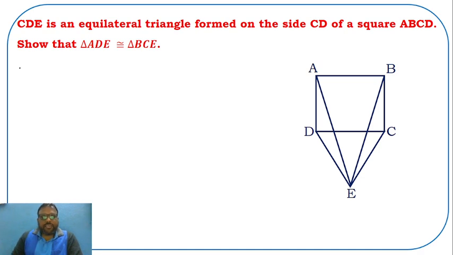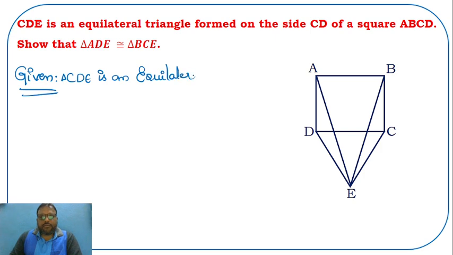So first let us start with the given condition. So given part. What can you write in this given? Triangle CDE is an equilateral triangle. And also what else is mentioned?